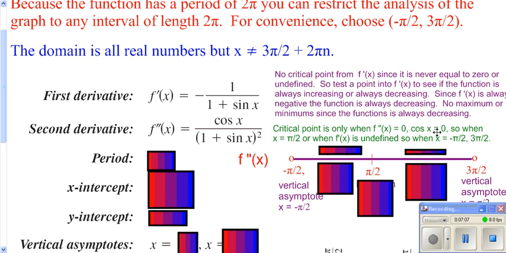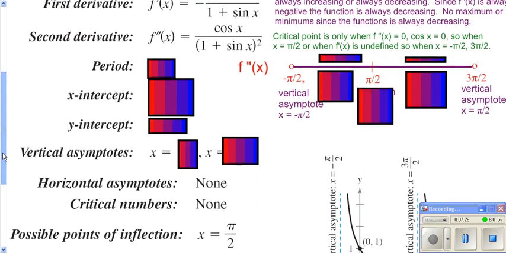Oh, I had said this wrong. When cosine of x is 0, that means you're at pi over 2 for your angle. And it's undefined at these endpoints, but we're only concerned about what's going on in between those two because we know those two endpoints are our vertical asymptotes.